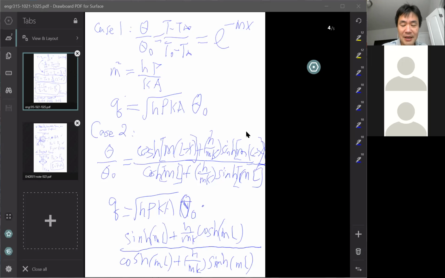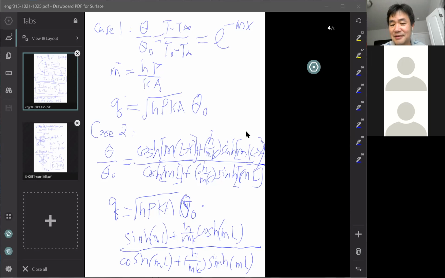Think about it: if it's too long, then at the end the temperature becomes very low, maybe just slightly higher than the ambient temperature. The temperature is decreasing in the fin, so if the fin is really long, it will decrease to a very low temperature, close to the ambient temperature. So the convection to the surrounding ambient from the tip is very minimal.